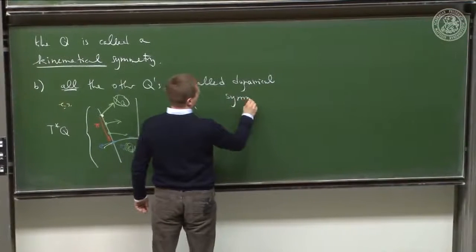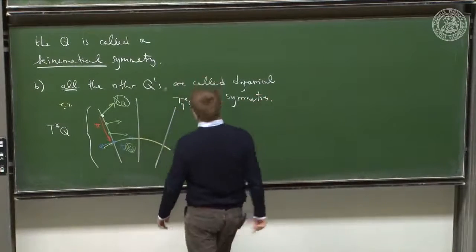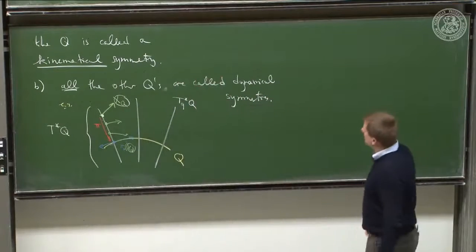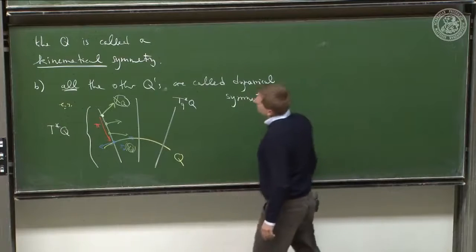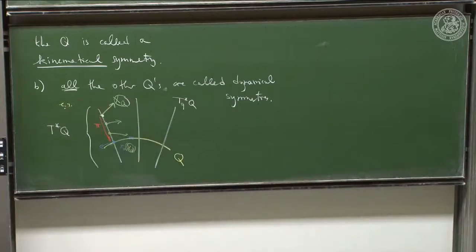Okay, so let me point your attention to the fact that it needs to be a symmetry. So a symmetry it always is, but then the distinction, you see the distinction doesn't use the potential.